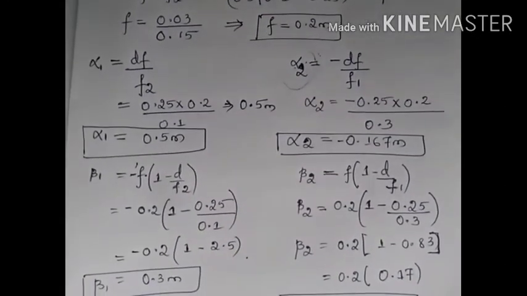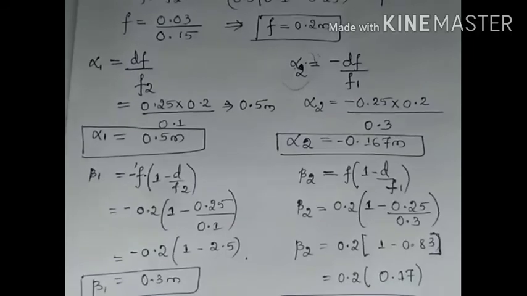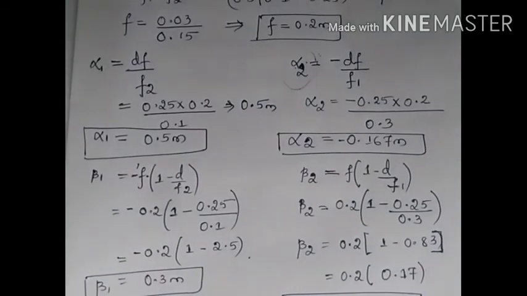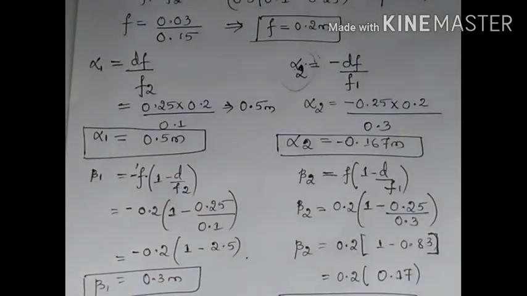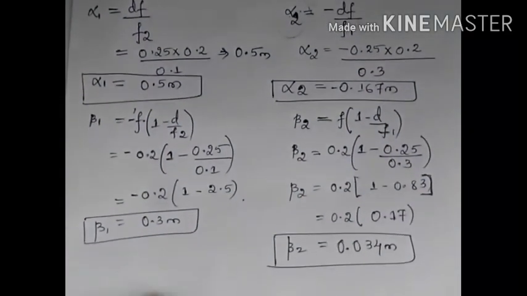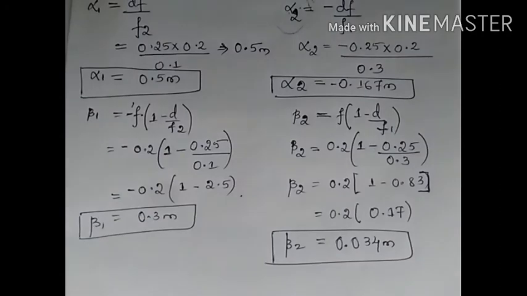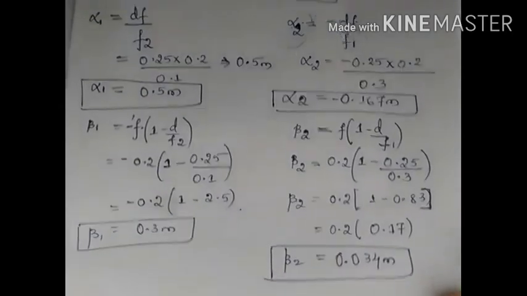Alpha 1 and alpha 2 are the positions of the first and second principal points, and what is left is beta 1 and beta 2. Beta 1 and beta 2 give the positions of the first and second focal points. So you found the position of the first principal point, second principal point, first focal point and the second focal point. That is what he has asked.